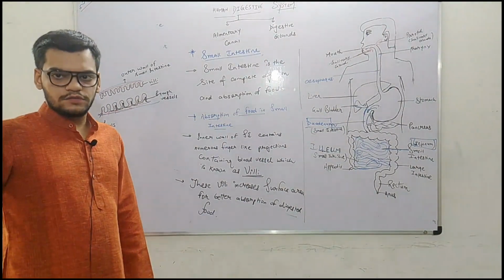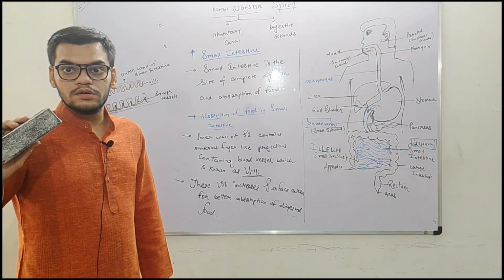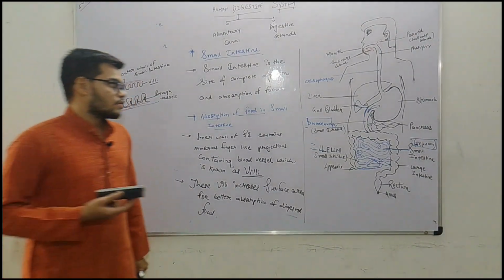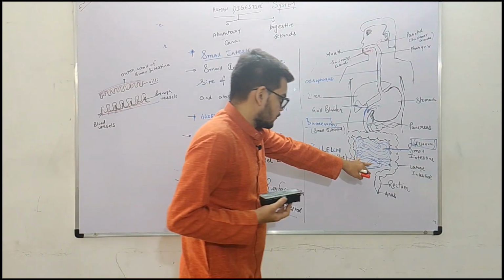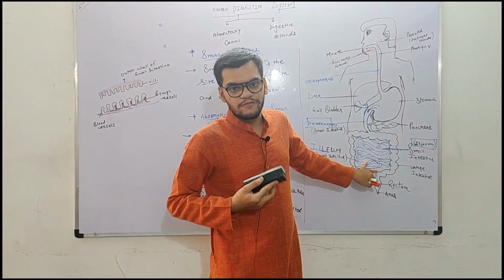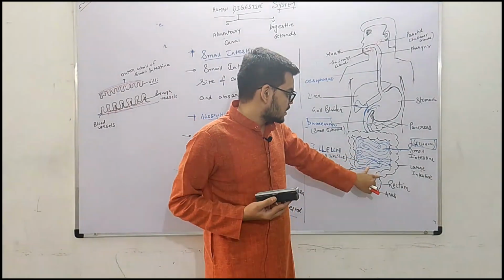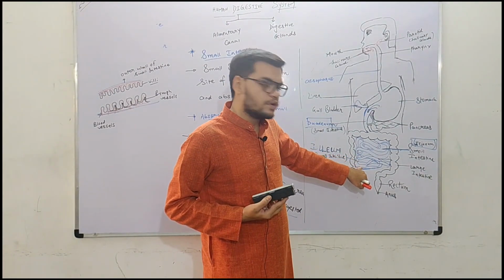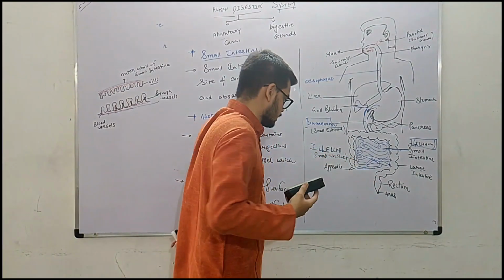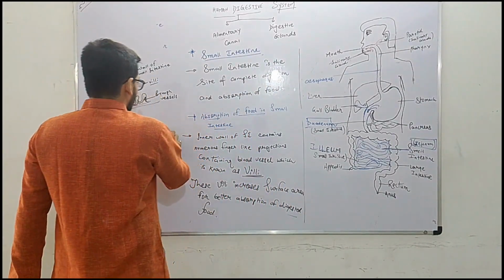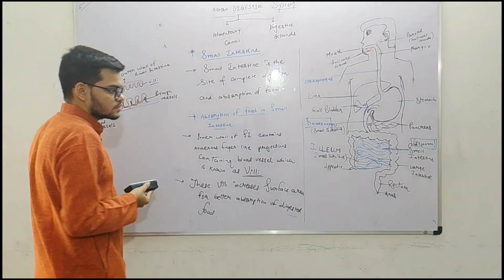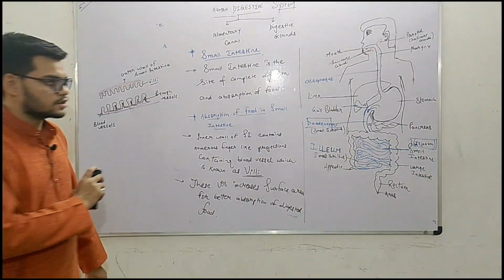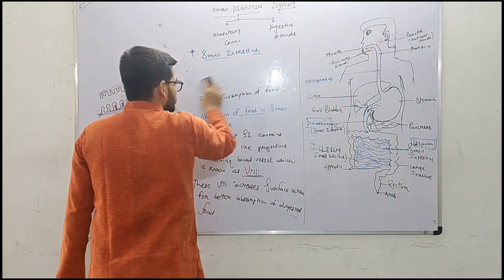Now after digestion of food, the leftover undigested waste will pass from the small intestine to the large intestine. So now food goes inside the large intestine. So we'll now discuss about the large intestine.